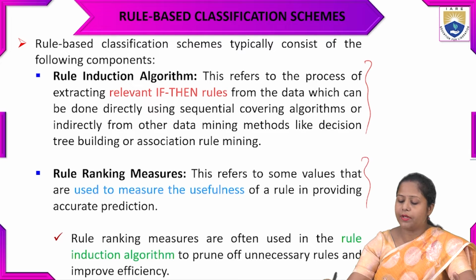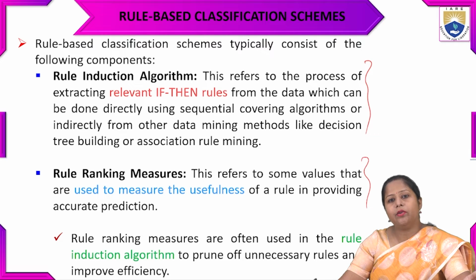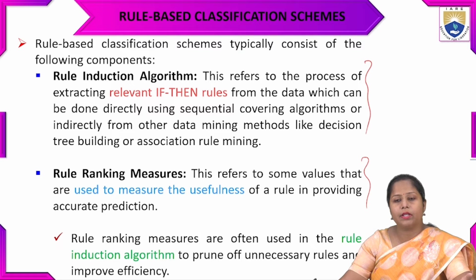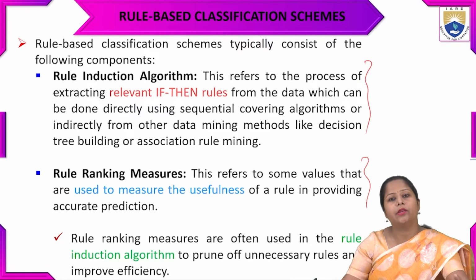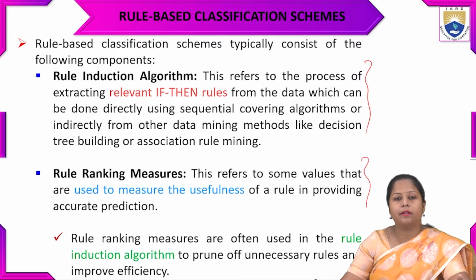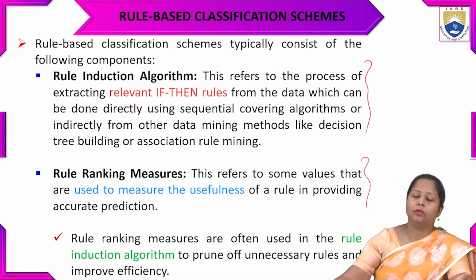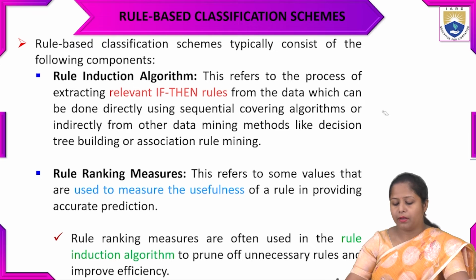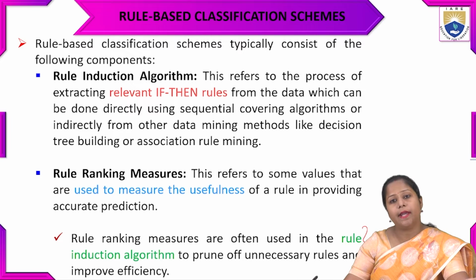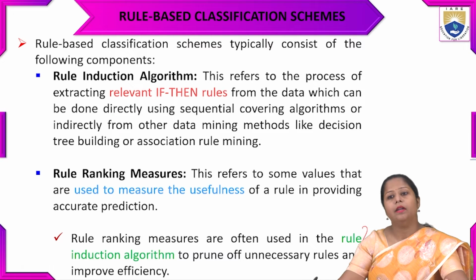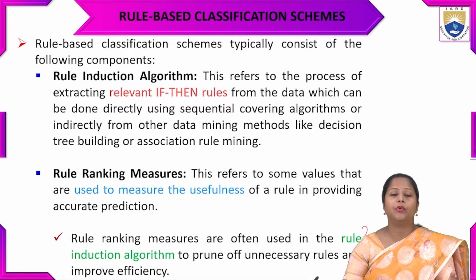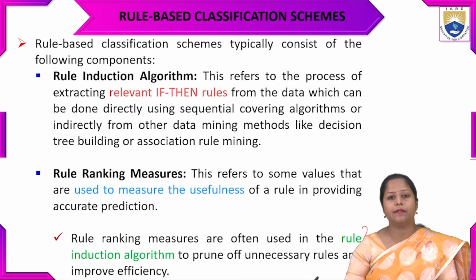It refers to the values used to measure the usefulness of a particular rule, providing an accuracy prediction, that is, how accurately the rule covers the tuple. The rule ranking measure is used in the rule induction algorithm to remove unnecessary rules, which improves accuracy and efficiency as well.